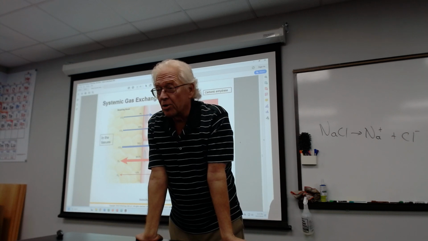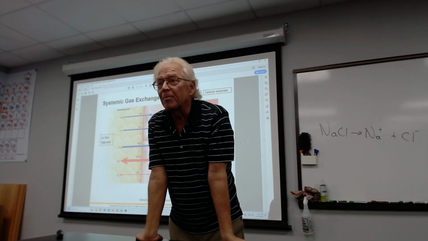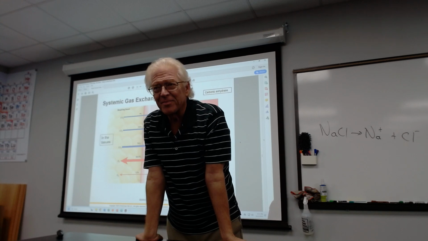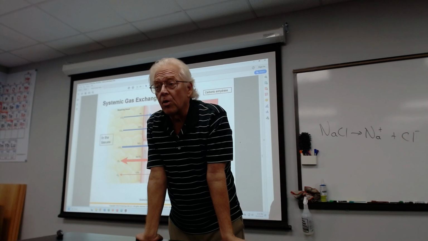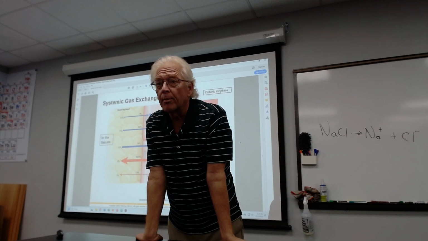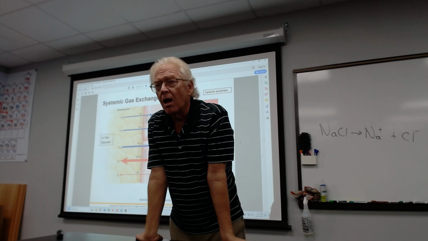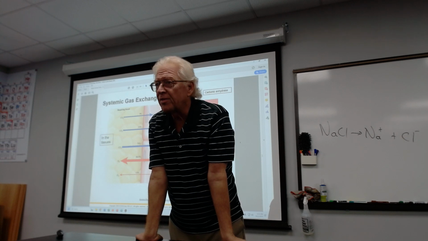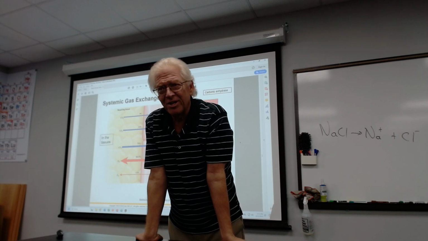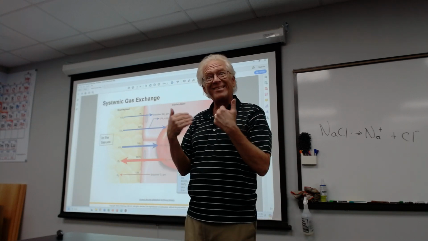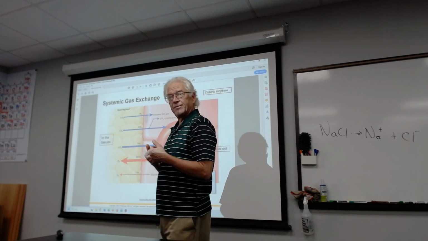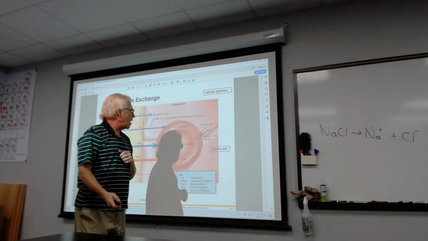Well, again, your buffer system can't keep up with it, but who kicks in next? Your breathing. And in nursing school, you'll be told it's called Kussmaul breathing. I guess named after the guy who first came up with it. You know, you're breathing heavy for no reason. You're not working out, but it's because you're acidic on the inside. Make sense? Okay. All right.